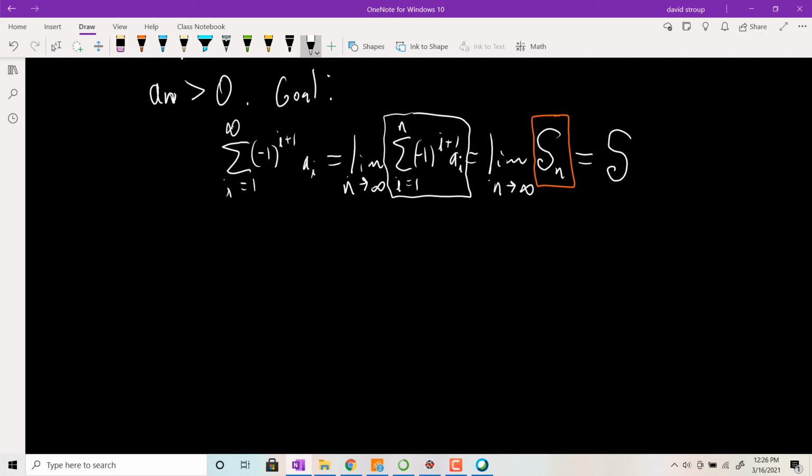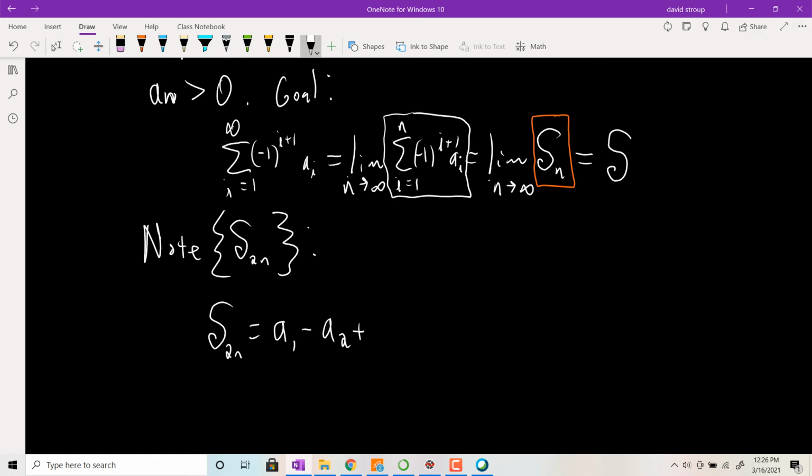First off, we're going to note the sequence of partial sums S sub 2n. In particular, let's expand it. S sub 2n would be a sub 1, the odd terms are positive, minus a sub 2 plus a sub 3 minus a sub 4 plus, all the way up to a sub 2n minus 1 minus a sub 2n.